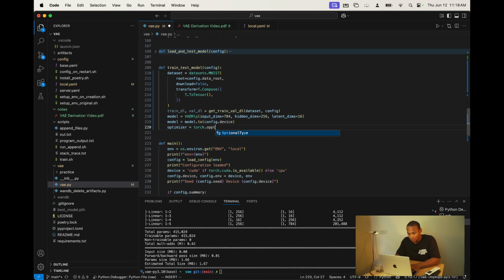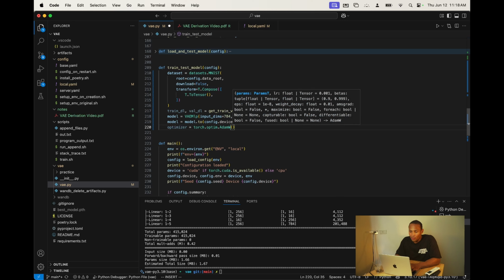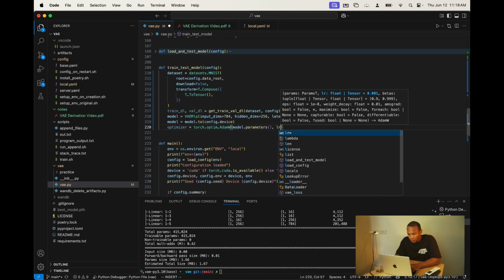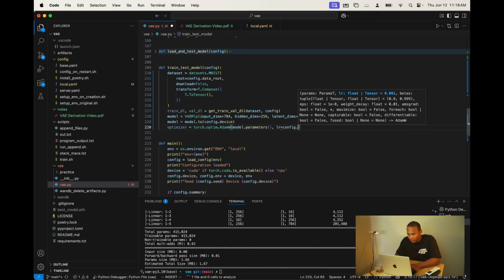Optimizer. We don't need a fancy optimizer for this, but why not? We can use RMSprop and momentum. There's no reason not to use AdamW. Learning rate specified in the config file.